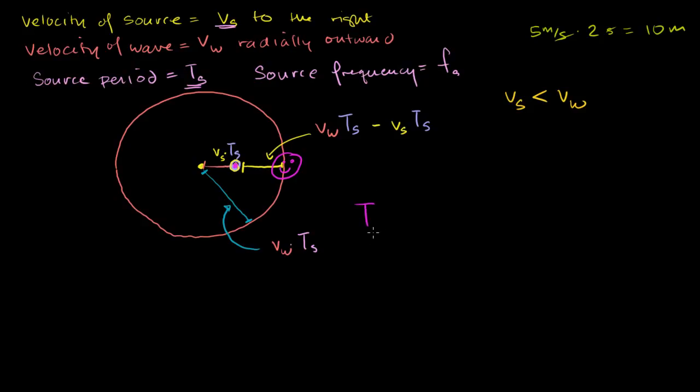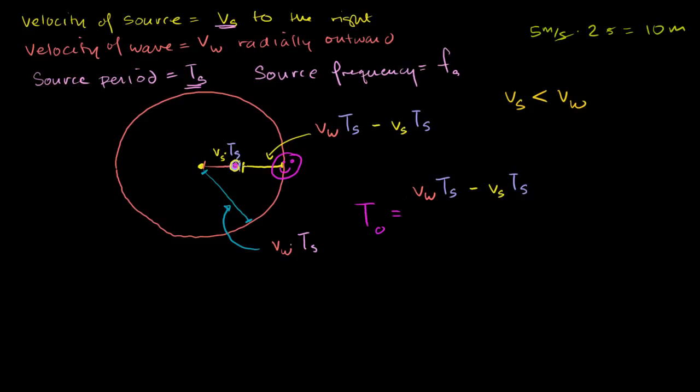So the period from the point of view of the observer is going to be equal to the distance that the next pulse has to travel, which is that expression up there. So let me copy and paste that. Let me get rid of that, it shouldn't look like an equal sign, and that shouldn't look like a negative sign.